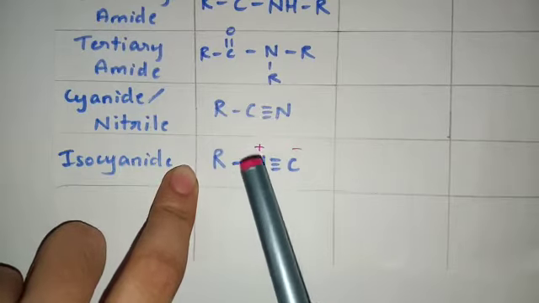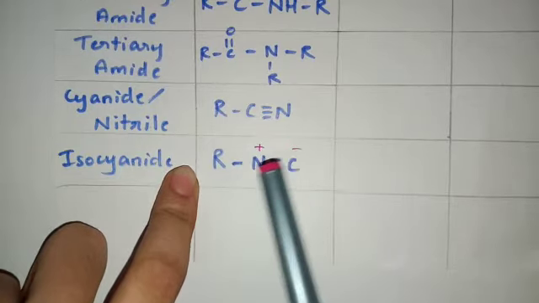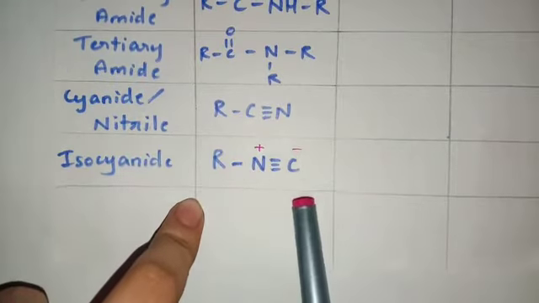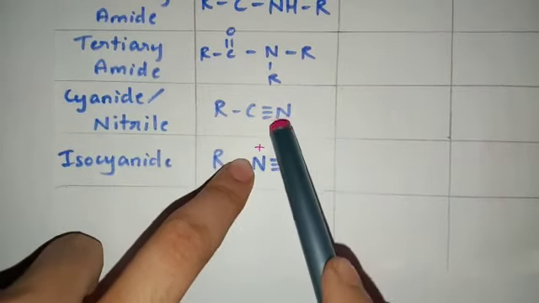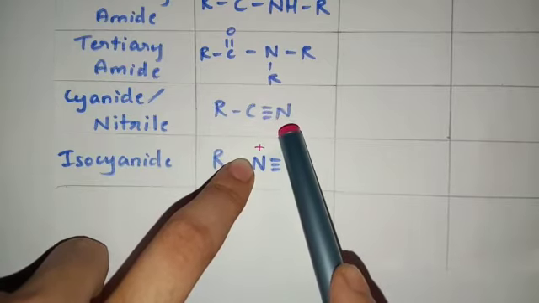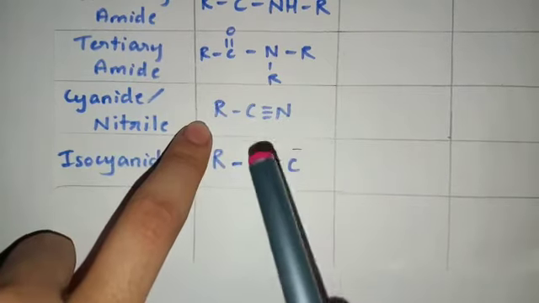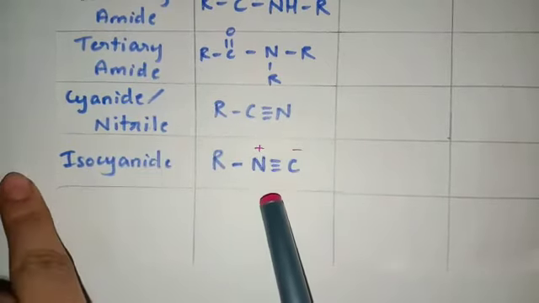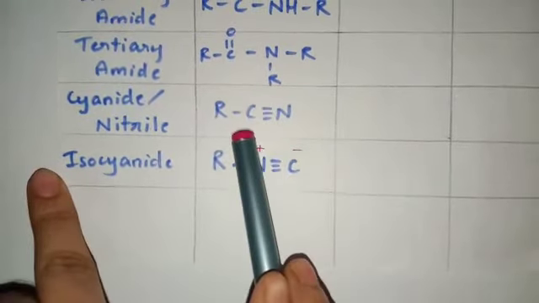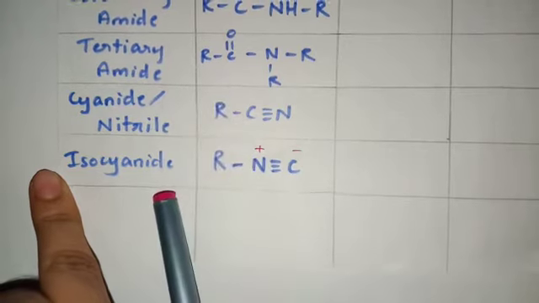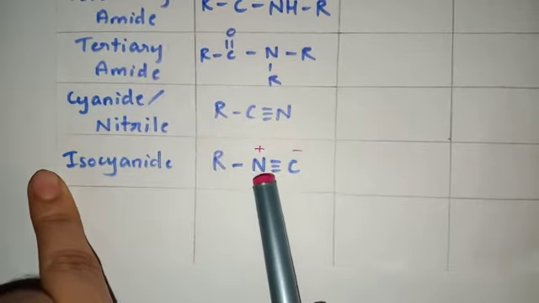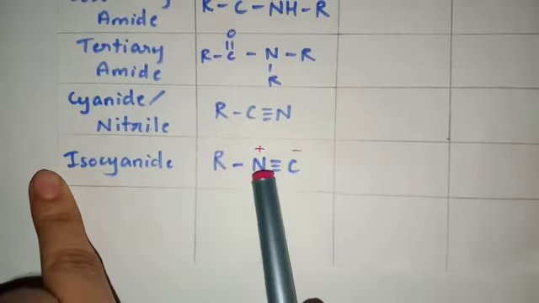Here there are plus and minus charges. I'll explain later why these charges develop, but these charges won't be present in cyanide. So this is cyanide and this is isocyanide. For now, remember that in cyanide the alkyl group is attached on the carbon atom, whereas in isocyanide the alkyl group is attached on the nitrogen atom.